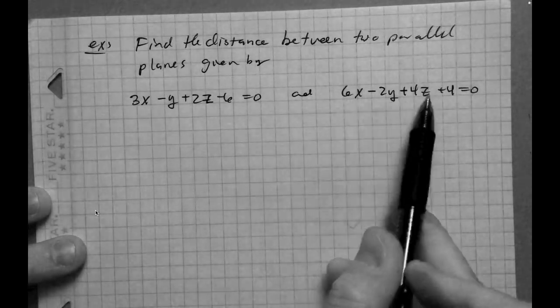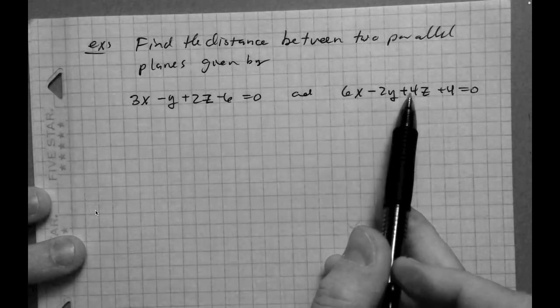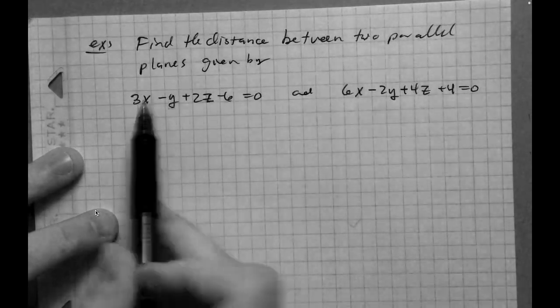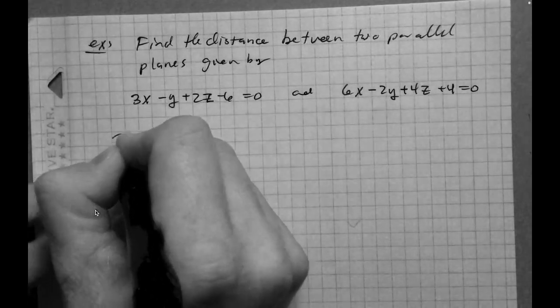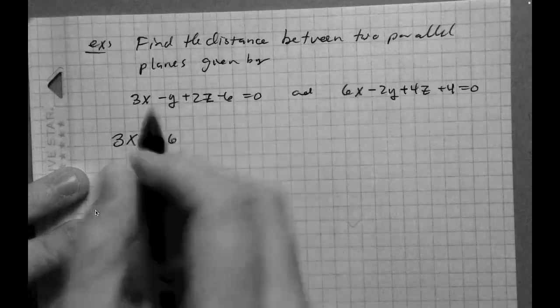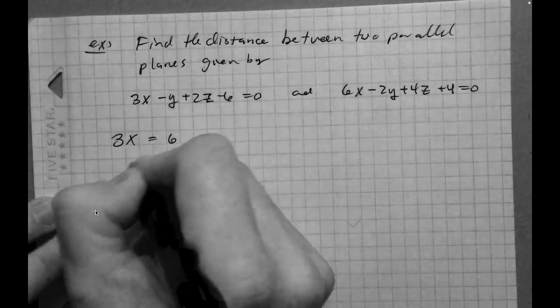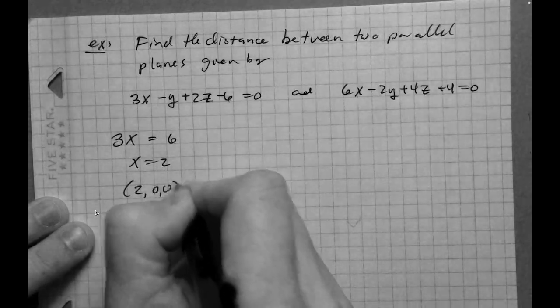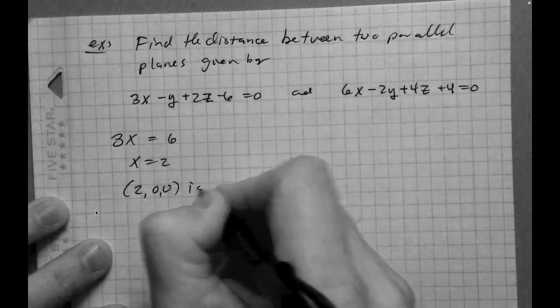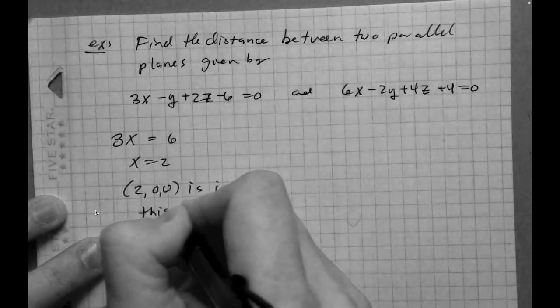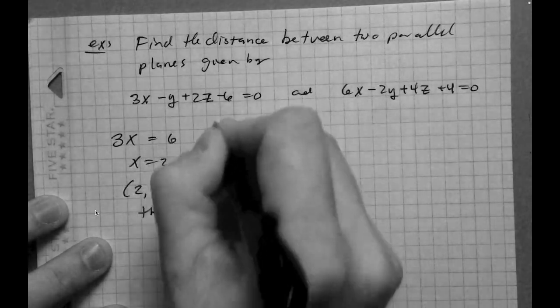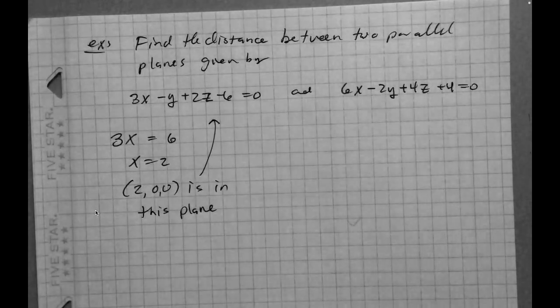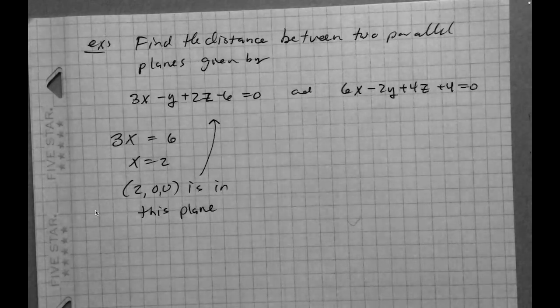If I set y and z equal to 0, then 3x equals 6, which implies x equals 2. So the point (2, 0, 0) is in this plane. Okay, so I've got that piece already. So, find a point in one of the planes.